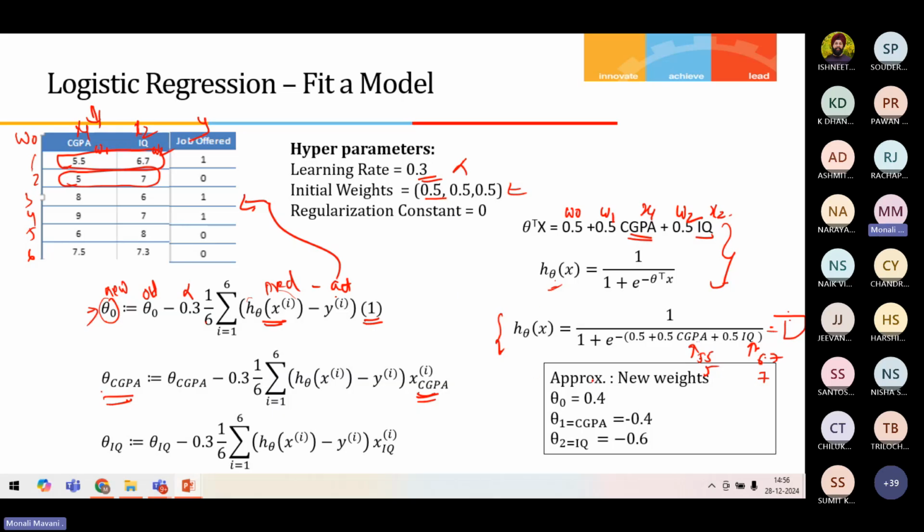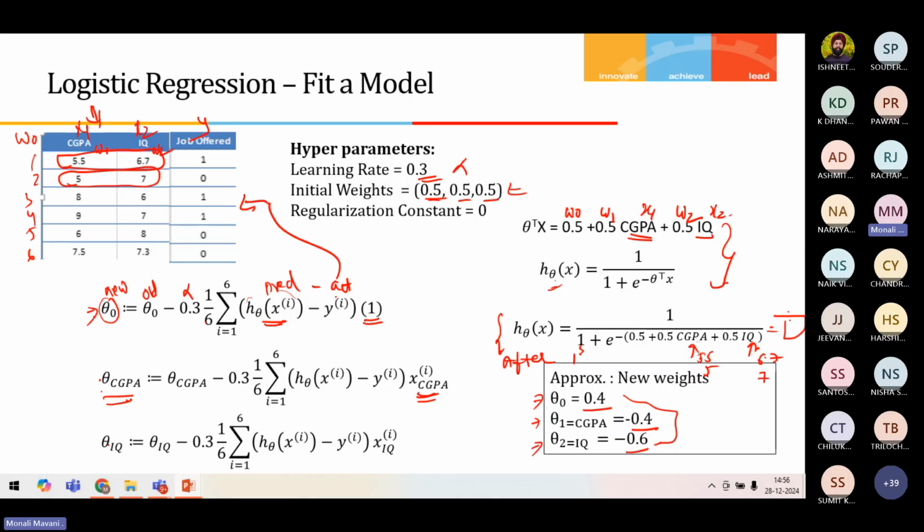So what is happening here? After the first iteration, we are getting new values of theta 0, theta CGPA, theta IQ, that is theta 0, theta 1 and theta 2. Theta 0 has come out to be minus 0.4, and this is minus 0.6. The initial values were 0.5, 0.5, 0.5, and after the first iteration this is what we are getting. You can calculate and verify whether you get these answers.